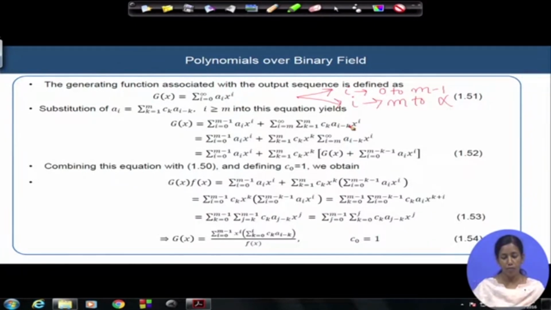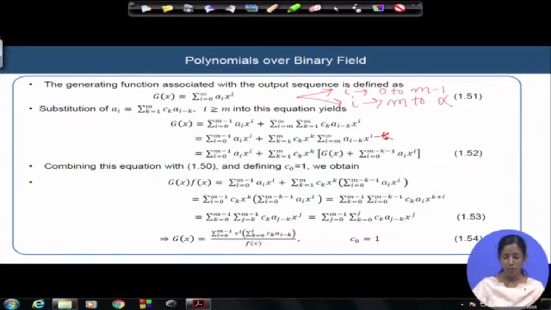Now, if I change the order of the summation here, I will end up with c k and x to the power k taken out. Then that term will be x to the power i minus k, and a i minus k. Please check that this will not be x to the power i, it will be x to the power i minus k.